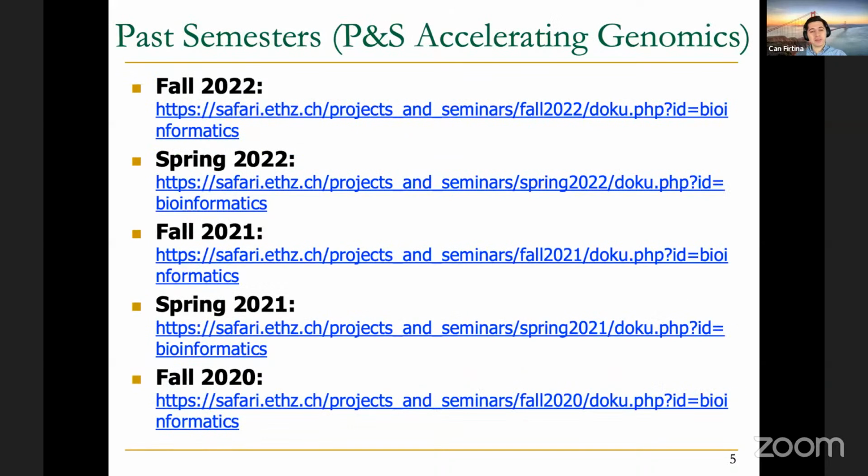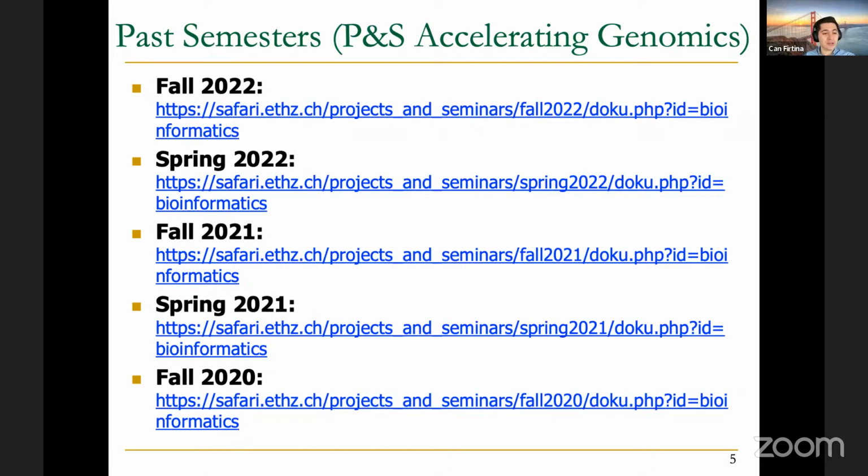So we have been offering the PNS Accelerating Genomics course for quite a while, since fall 2020, and we really had good success in the projects that we've been offering and the progress that the students showed. In fact, some of the students continued working with us after completing their PNS courses.